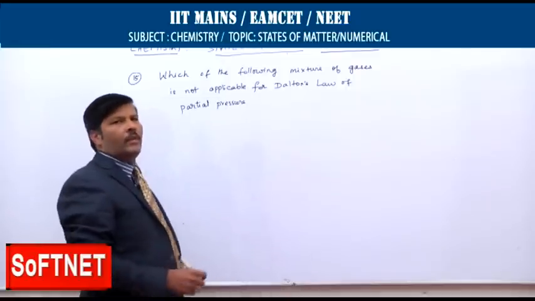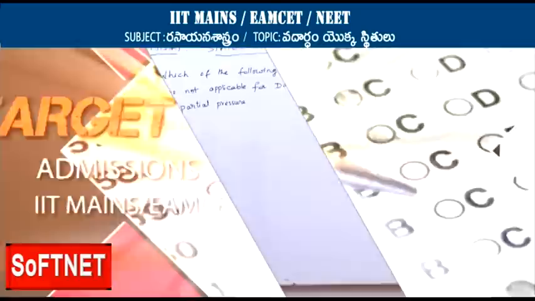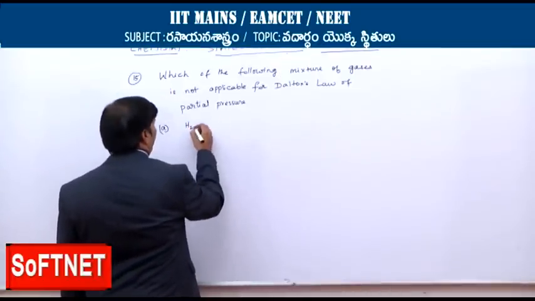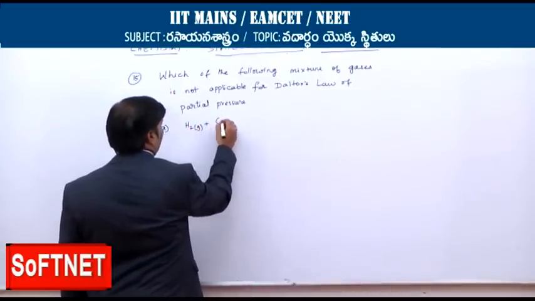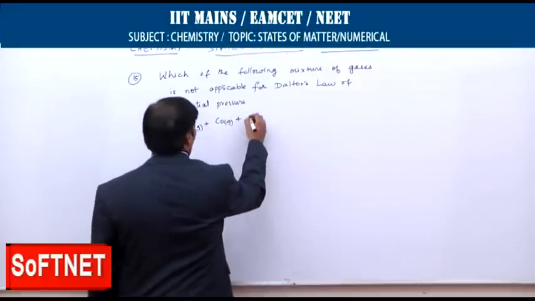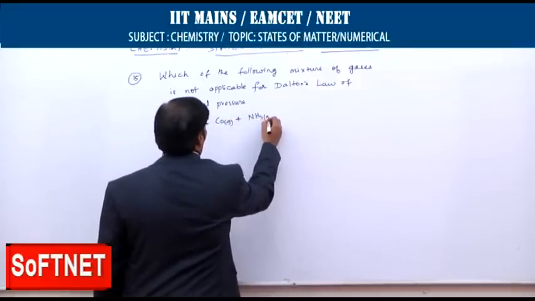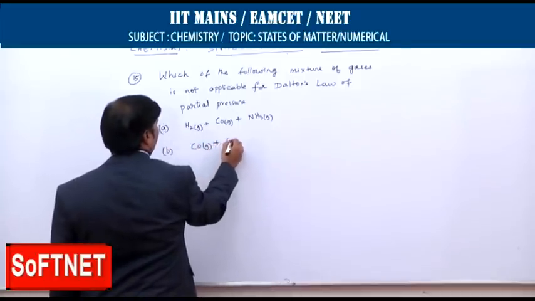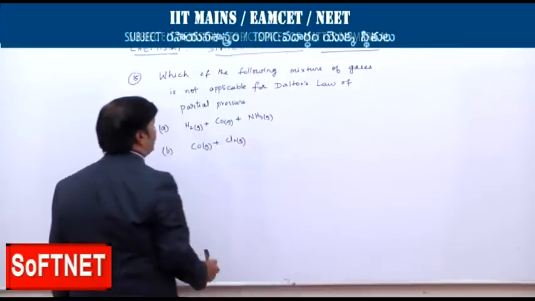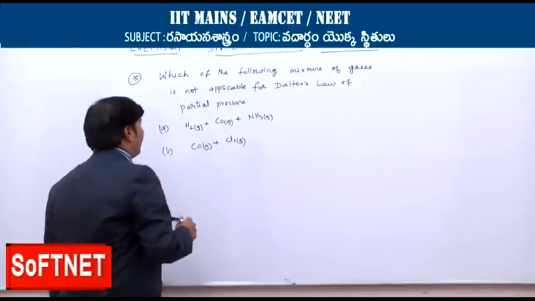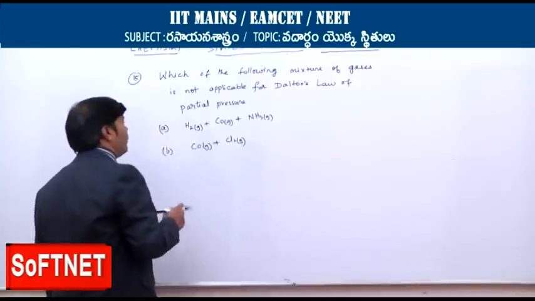First option, if I give you, so here if you take the options, for example, H2 gas plus carbon monoxide gas plus ammonia gas is one case, carbon monoxide gas plus chlorine gas is not applicable.